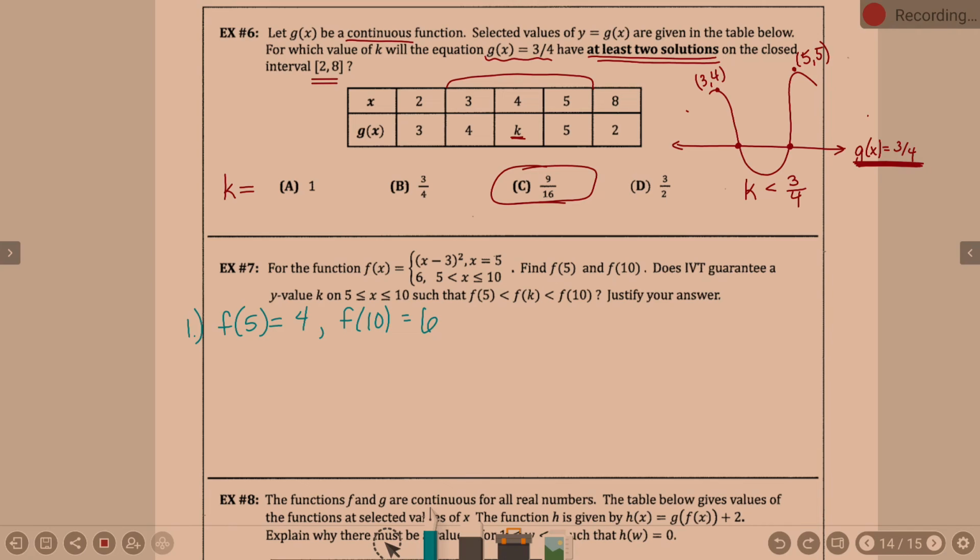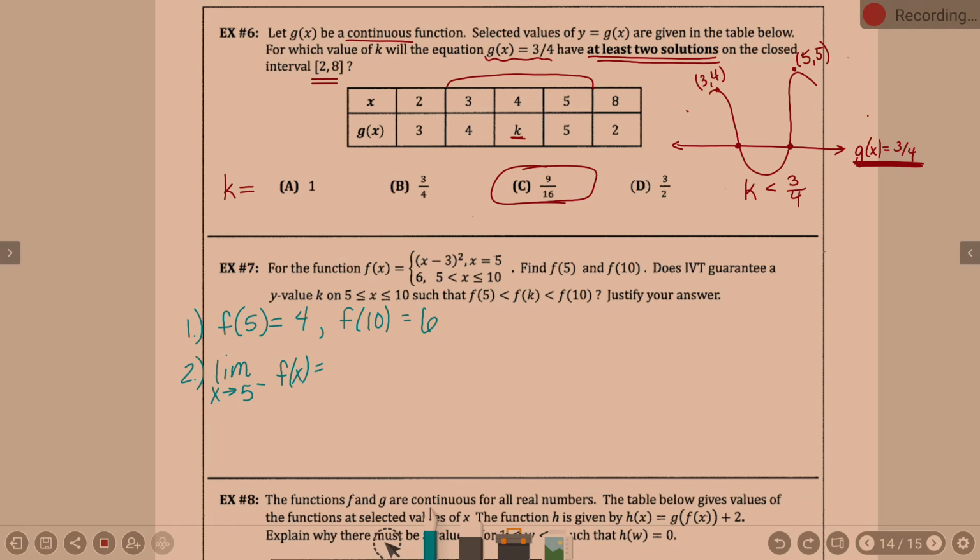The question we have is at 5. So let's talk about the limit as x approaches 5 from the left of f of x. Oh, this doesn't exist from the left, does it? So I can't really use from the left.